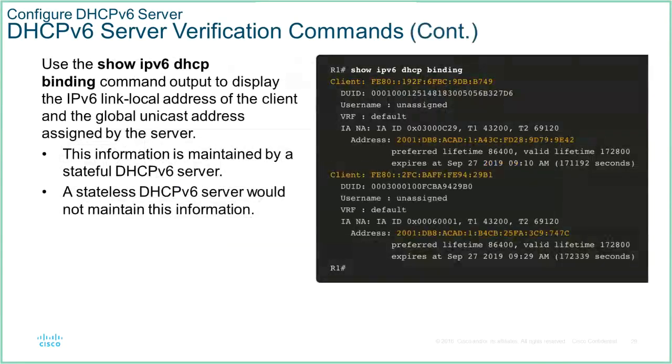So if we look at the bindings, it'll list each individual client with the link-local address and what its unicast address is. It'll also give you the lease time. So it gives you the same type of information as IPv4 with bindings.